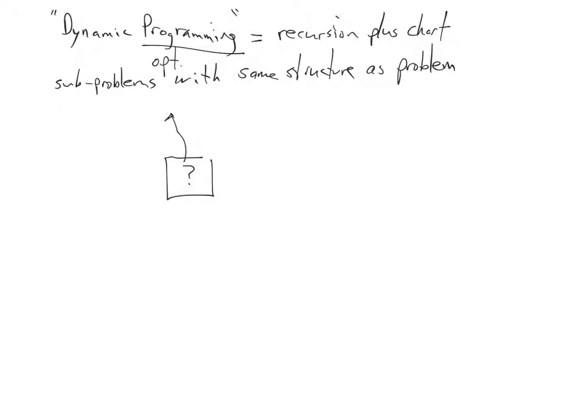And in our chart, each cell will end up pointing to other cells that have already been filled in with answers to other simpler questions. And then these will always be combined in some way to give us the answer to ours. And then we can fill in the whole chart, either on demand or in a systematic, loopy kind of order.